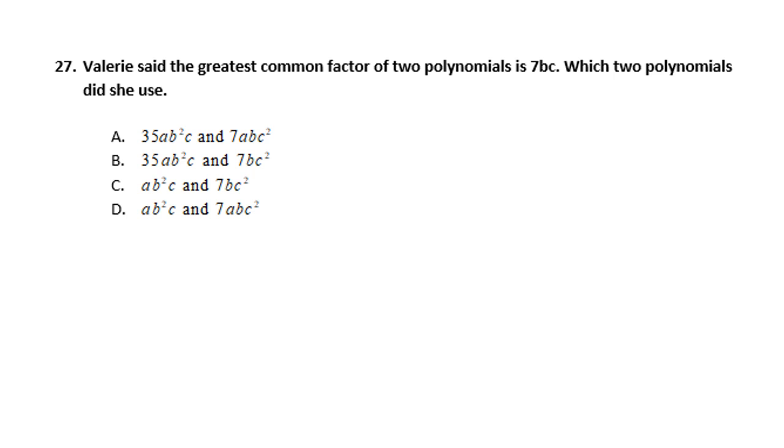B. 35ab squared c and 7b c squared. C. ab squared c and 7b c squared. D. ab squared c and 7ab c squared.